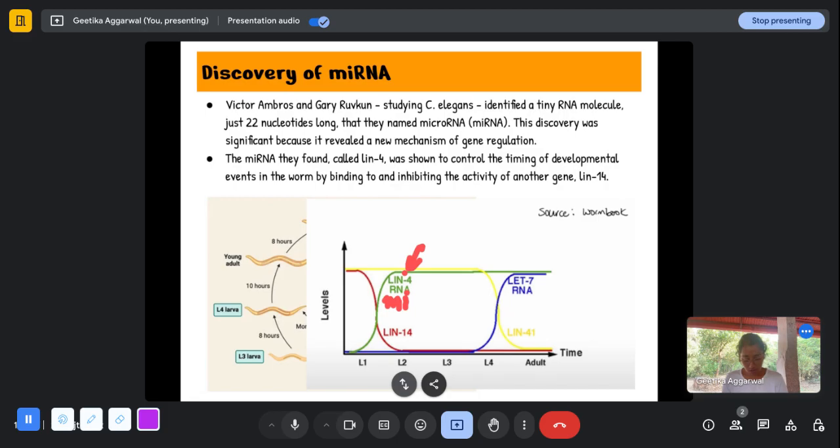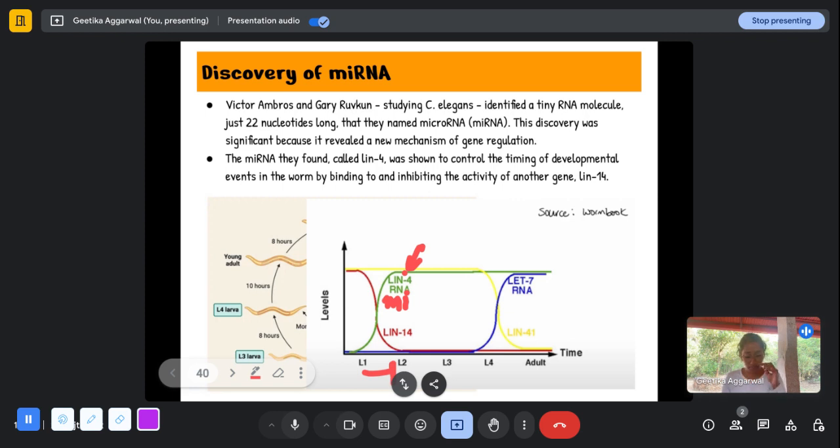So the mRNA lin14 comes down, and this protein does not get made, and that is why it's unable to progress from L1 to L2.